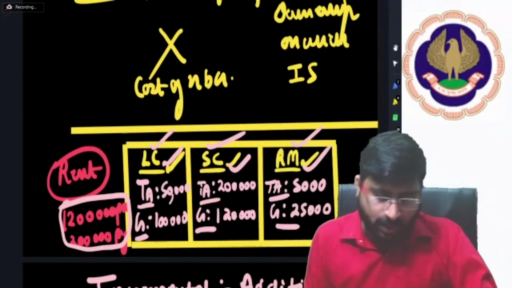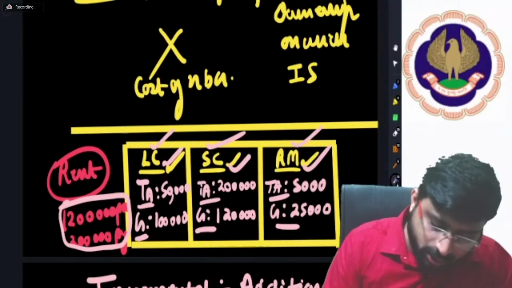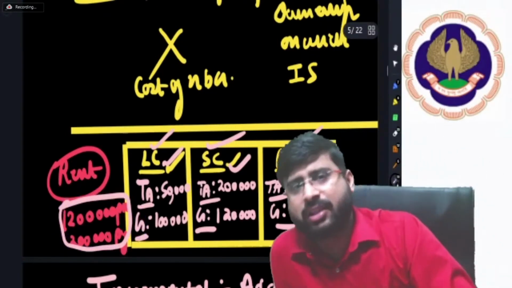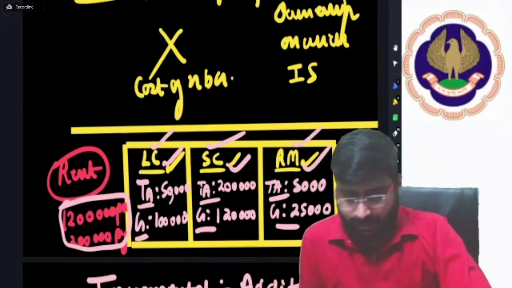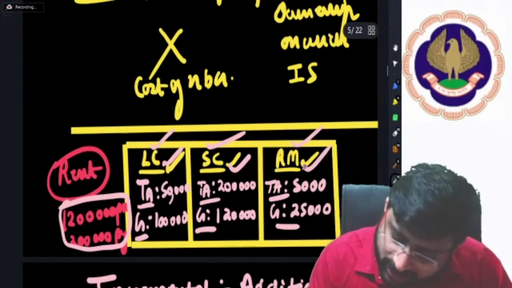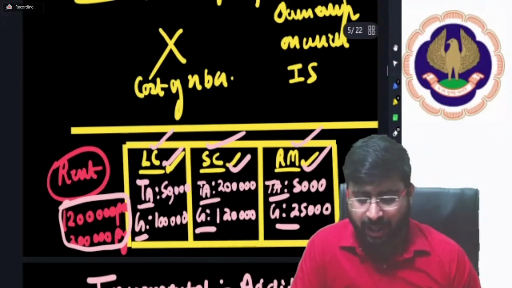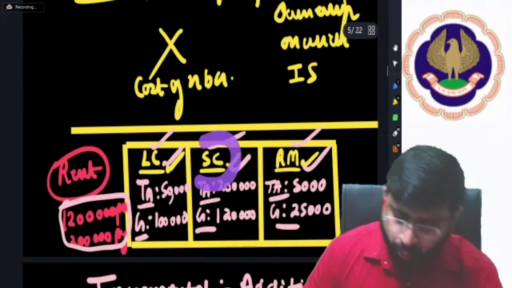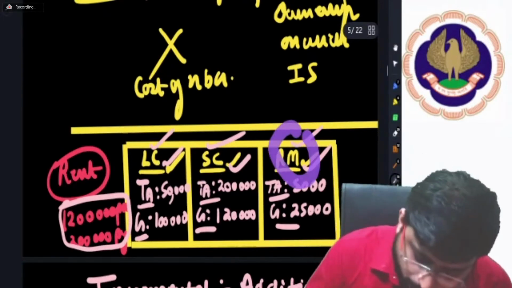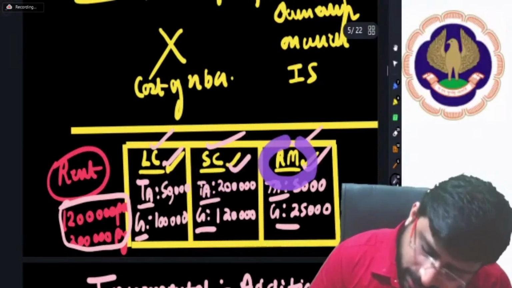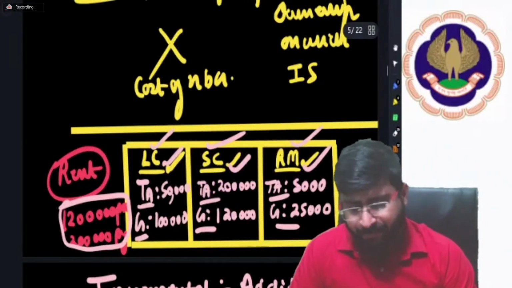The factory rent is 12 lakh per year. Three types of products are being manufactured: number 1, luxury car; number 2, sports car; number 3, regular model.